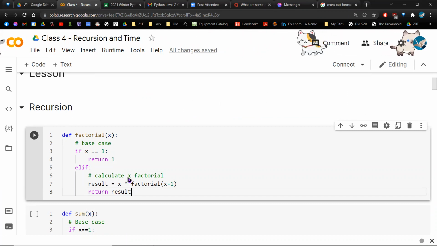And so hopefully this should give us a complete working function to calculate the factorial. Again, how it works is, first we check if x is 1. Because if it's 1, we don't need to do any work. Our answer is already immediate. It's just 1. If it's not 1, we have to do a little bit more work. We have to use our formula that we came up with, which is x times factorial x minus 1.